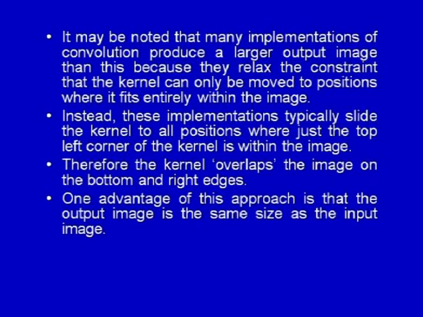Instead, these implementations typically slide the kernel to all positions where just the top left corner of the kernel is within the image. Therefore, the kernel overlaps the image on the bottom and the right edges. One advantage of this approach is that the output image is the same size as the input image.